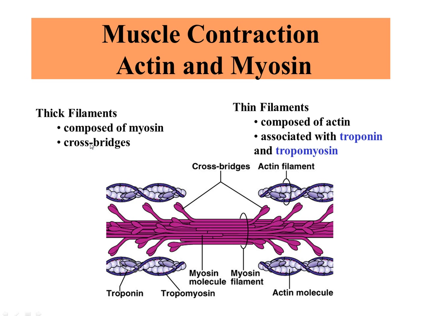So the thick filament, myosin, has the cross bridges. Okay, the actin is a protein filament, and these areas are where you will have an open site for cross bridging. It has the globular protein troponin, and the troponin is connected to the tropomyosin.